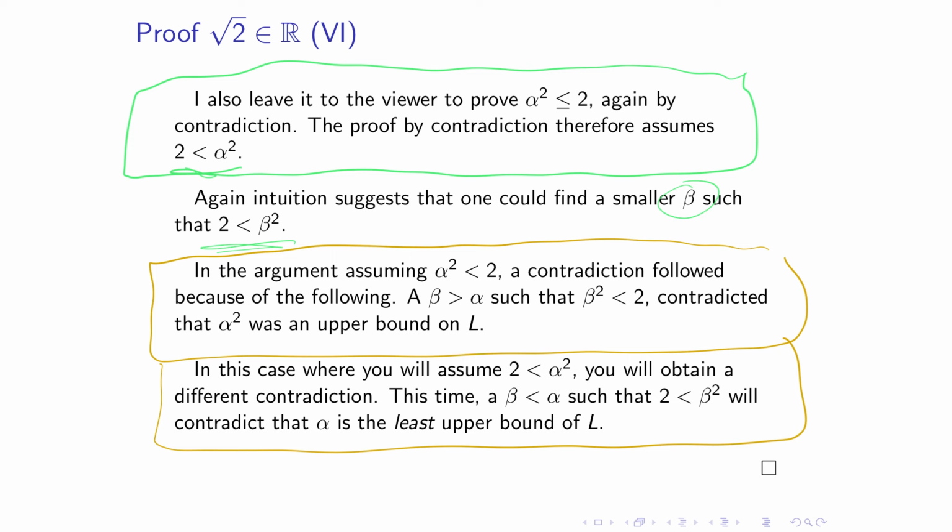Rather, you're going to find some other number, namely beta, which is going to be alpha minus epsilon, such that beta is also an upper bound on the set L. And that will contradict the definition of alpha as the least upper bound. So you're going to find a strictly smaller beta, which is an upper bound on the set L. That's the nature of the contradiction on this side.